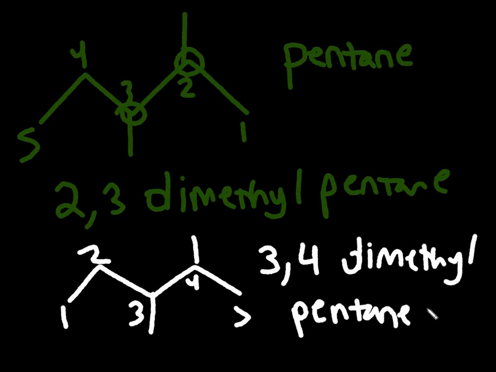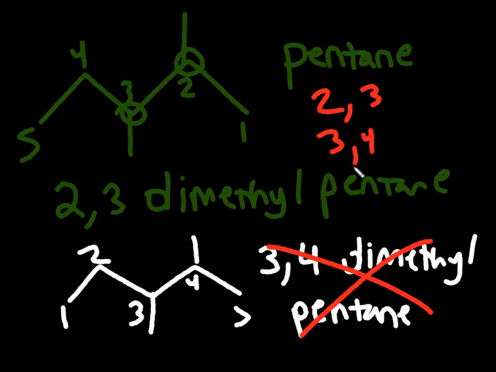Why? Because remember, if we looked at our second rule here, that is not the smaller series of numbers. 2, 3 is better than 3, 4. 2, 3 is a smaller series of numbers, so we take the 2, 3. Okay? So not 3, 4. That would be wrong. Let's take the longest chain, smaller series of numbers. Okay?